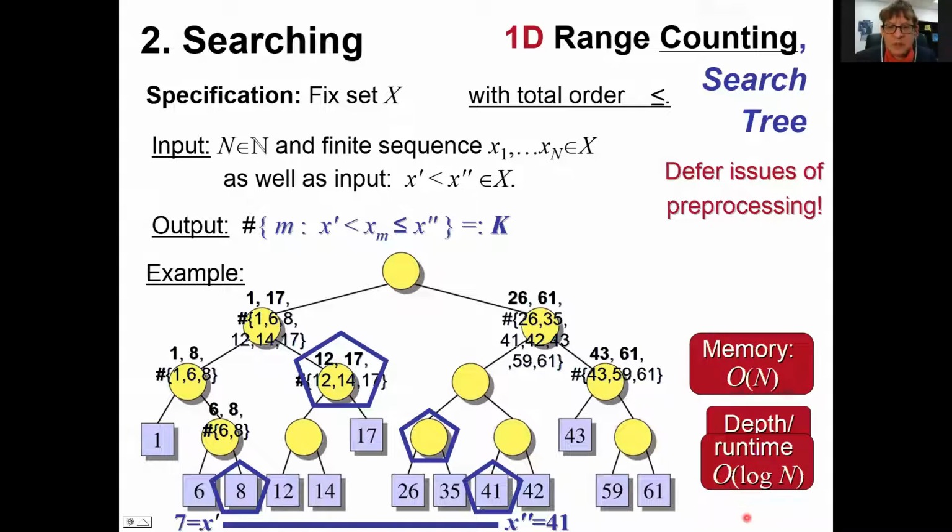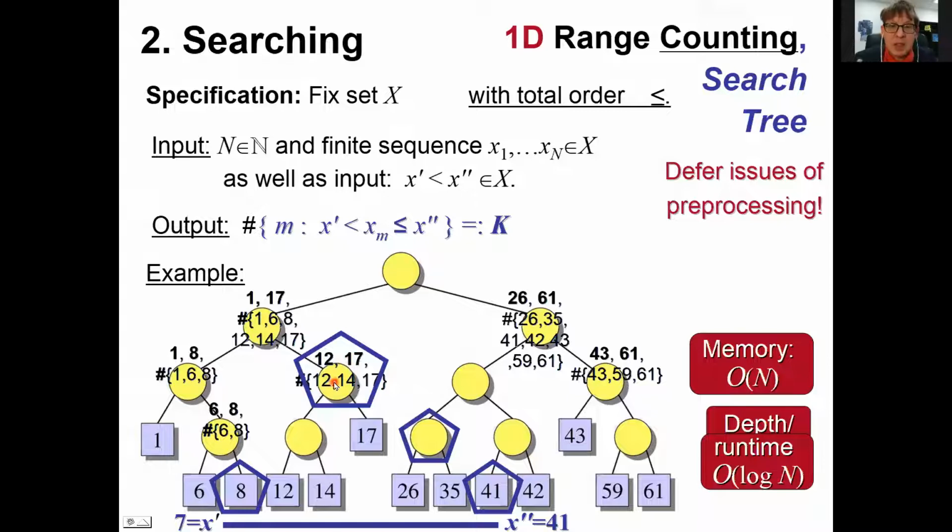And also the memory is still linear. In our previous algorithm, that was obvious because it used an array, and the array has linear memory. But also here, this tree has linear memory, because as you see here, every internal node only stores a constant amount of information: the smallest element, the largest element, and the number of elements in the subtree.